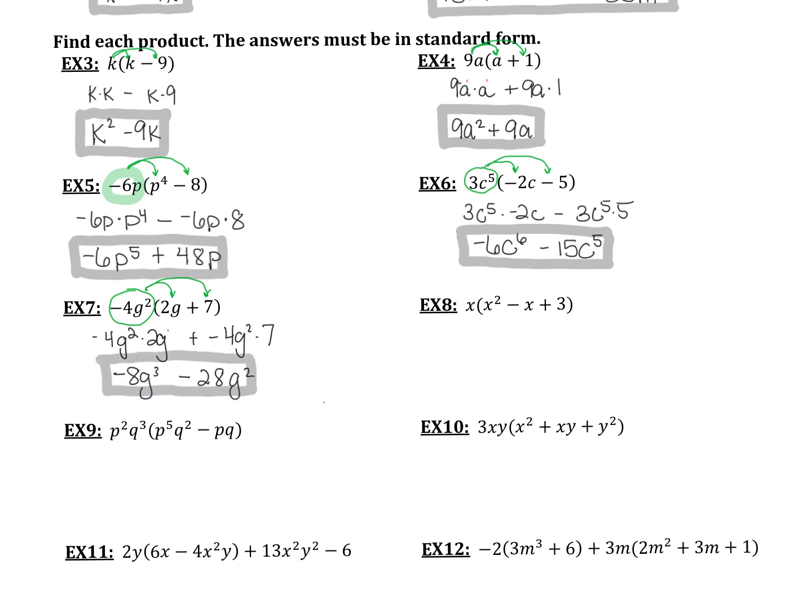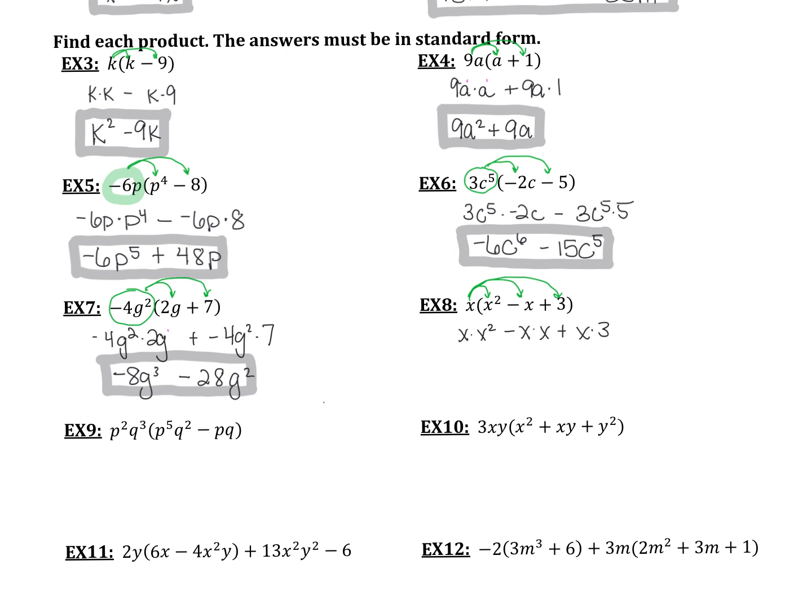Okay, on this next one, example 8, I see a little bit trickier because I only see 3 terms. But just like the directions set up top, my monomial needs to go to all terms, not just two terms. It doesn't matter how many terms are in there. I need to multiply all terms. So when I multiply these, I would get x times x squared minus x times x plus x times 3.